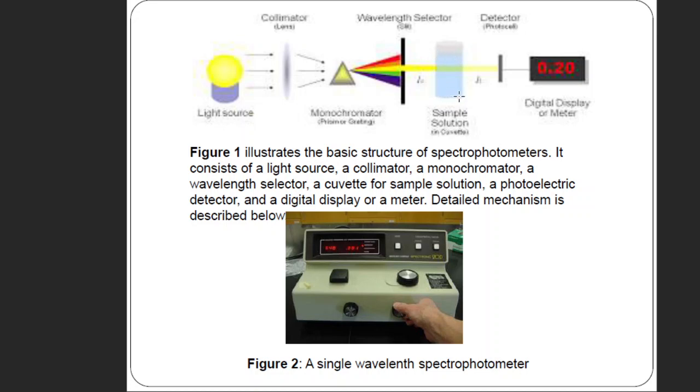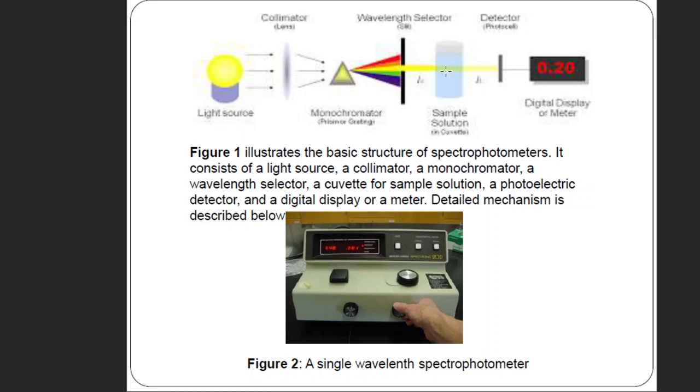It is kept here in a small tube, which can be a cuvette. This particular wavelength of radiation is allowed to pass through the sample. Now we know the nature of light: when light falls on an object, some part of it will be transmitted, some reflected, and some refracted.